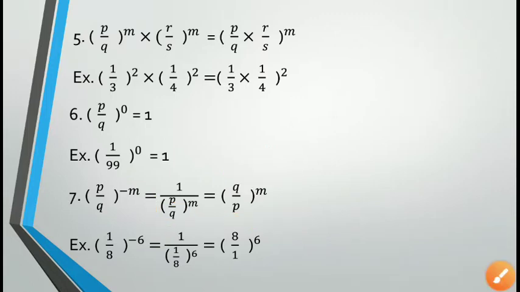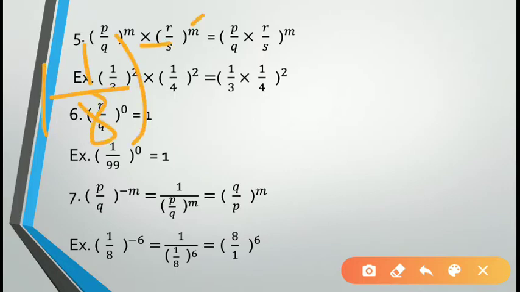Let's understand it by one example. Suppose here minus 1/8 to the power minus 6 is given. What is given? 1/8 to the power minus 6. First you want to convert this minus 6 into plus 6. You can also write it directly. If you don't want to write this step, you can directly write the denominator into the numerator and numerator into the denominator and just convert the negative sign into positive sign.